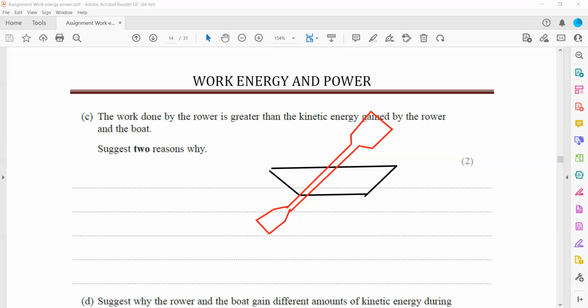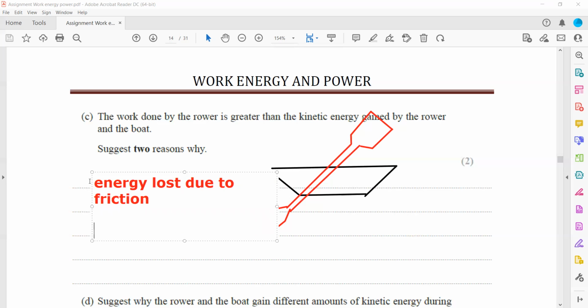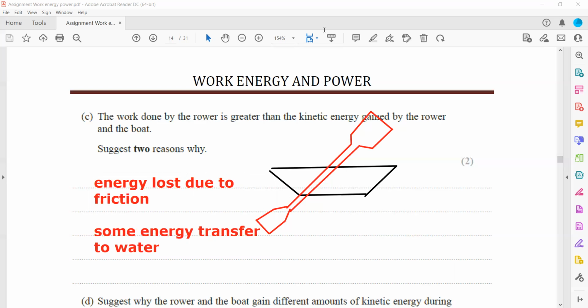So the two reasons: there might be energy lost due to friction, that is one possibility, and the second one is that some energy is transferred to the water. That's why the kinetic energy of the boat is less than the energy which he used to stroke.